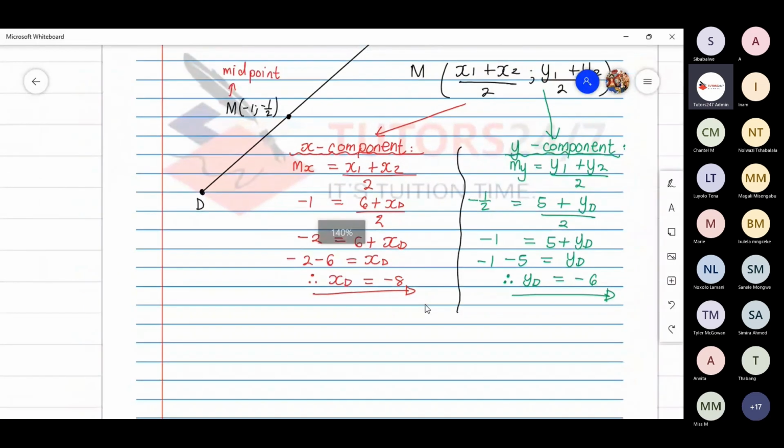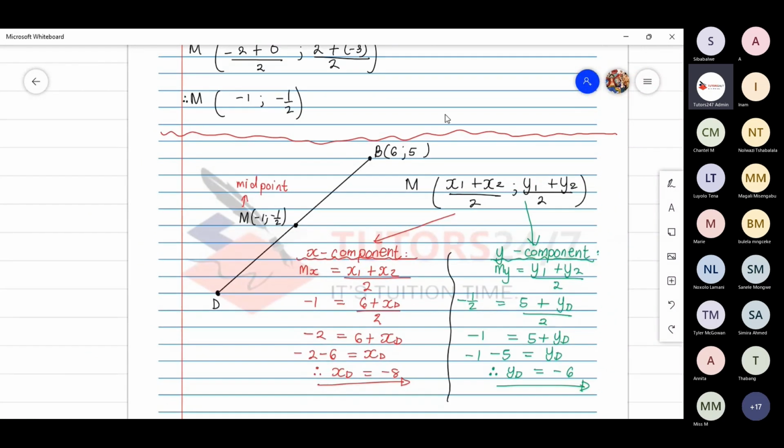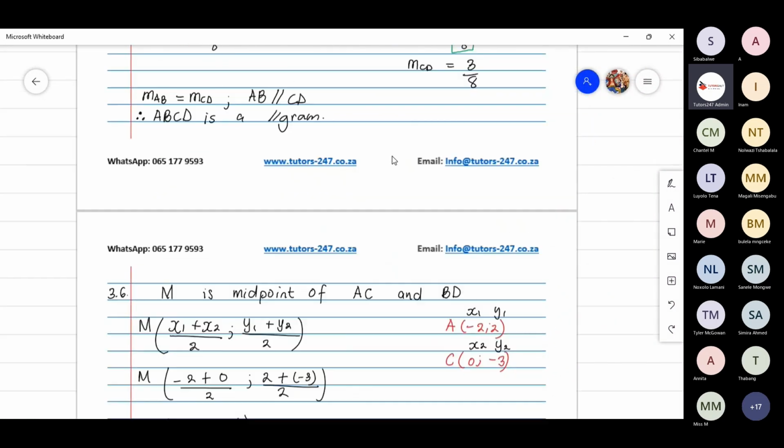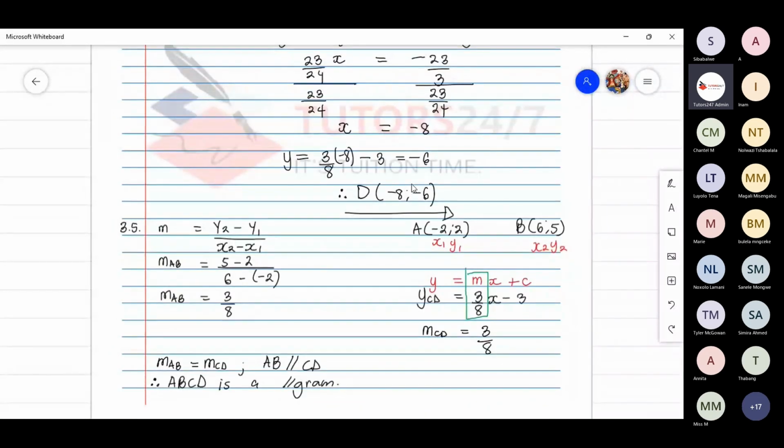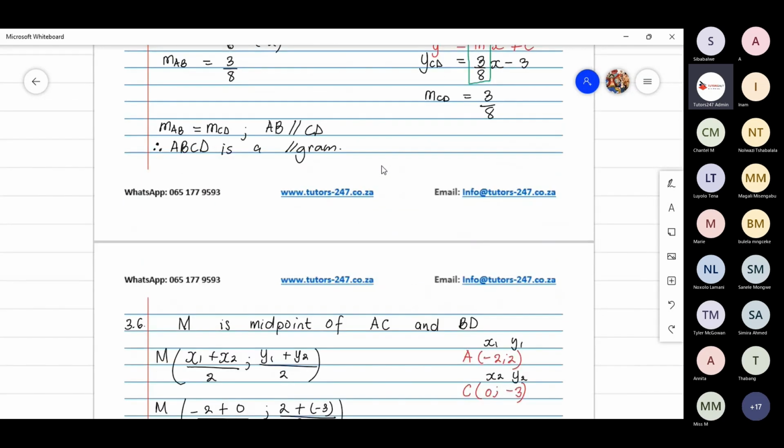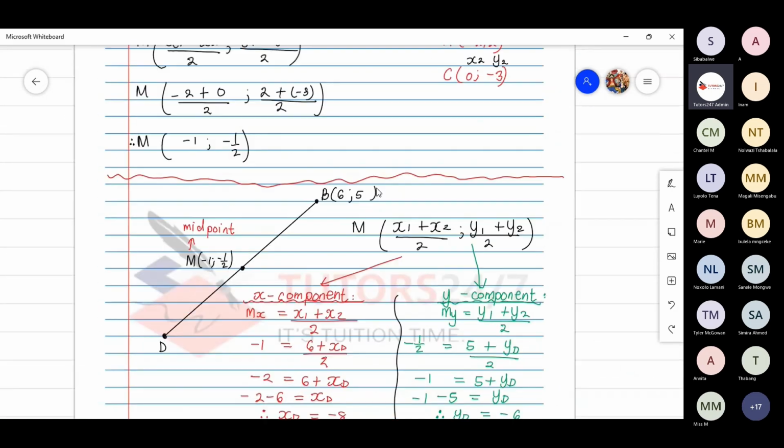Now let us go back to the previous question and see if it's the same, -8 and -6. As you can see, we previously proved that the coordinates of d are -8 and -6. So that means our coordinates of d are correct.